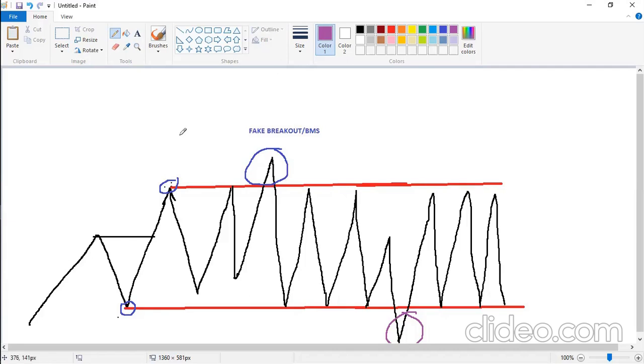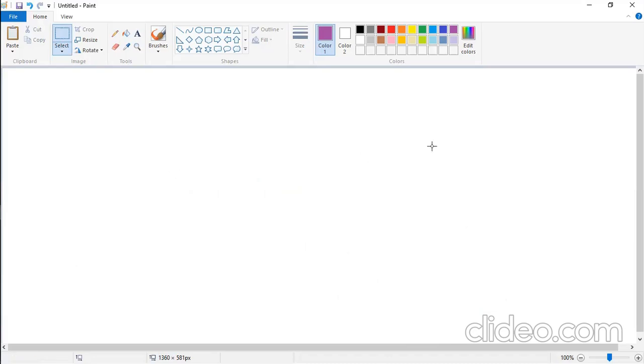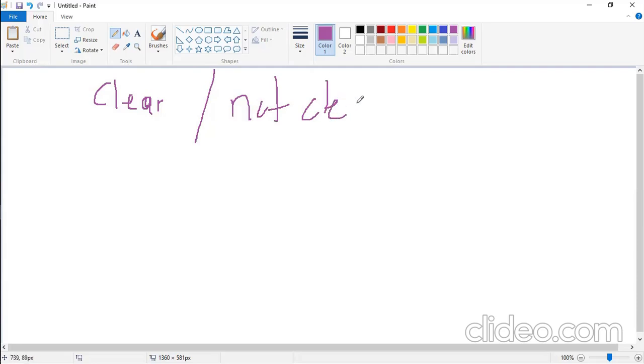With the ranges, the sideways movements, there are two types. There is a clear range, very clear, and another one that is not clear. So what do I mean? Like this high, low, high.